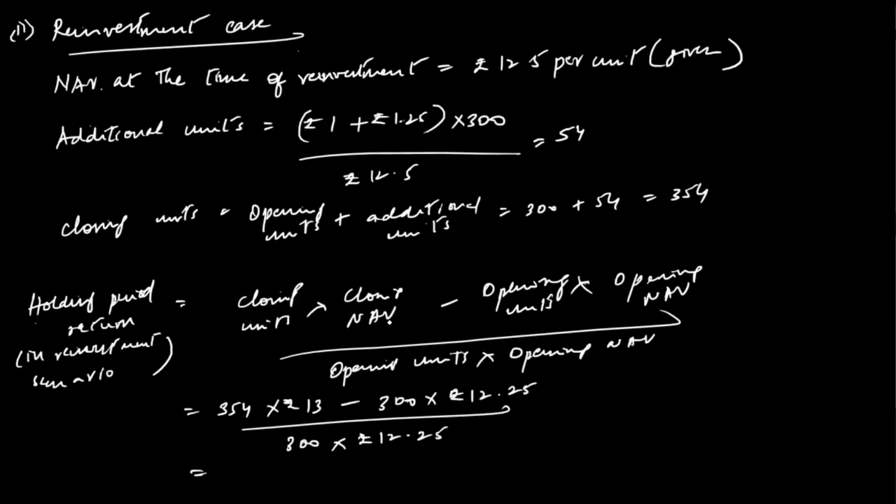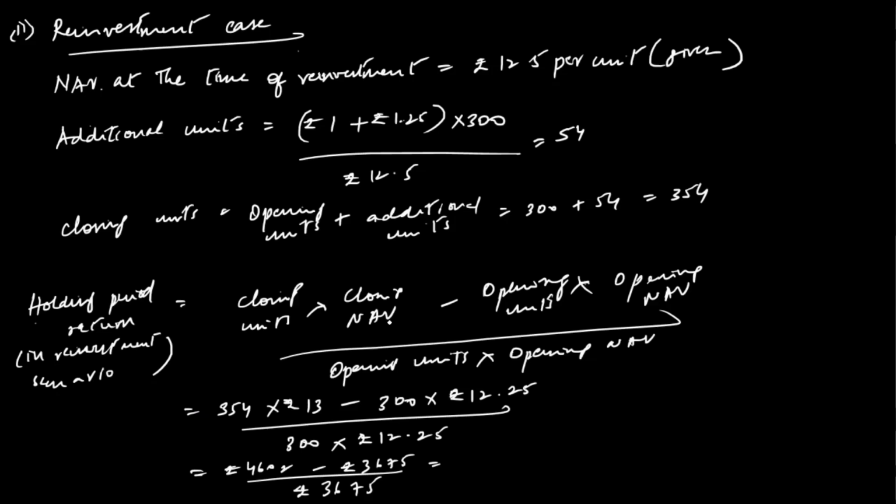Upon calculation, we get 354 into 13, that is 4602, minus 300 into 12.25, that is 3675, divided by rupees 3675. Solving this, we will get 4602 minus 3675, that is 927 divided by 3675.